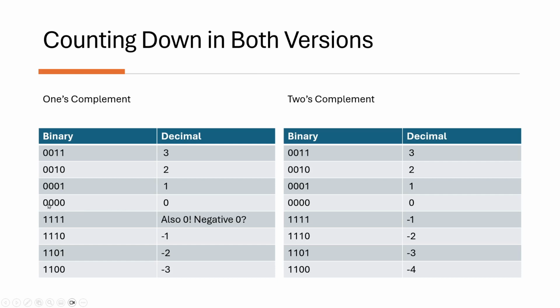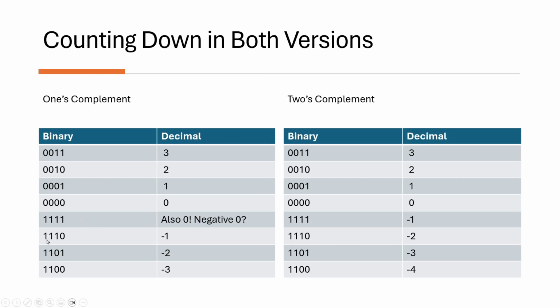If you subtract 0001 from 0000, the next number in line, due to an overflow, is 1111. But in ones complement, that's also a negative 0. This is also 0 in ones complement.